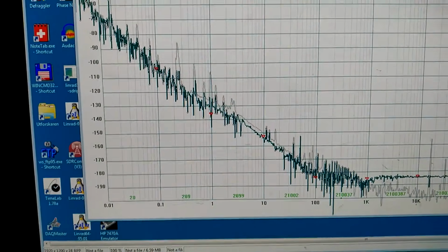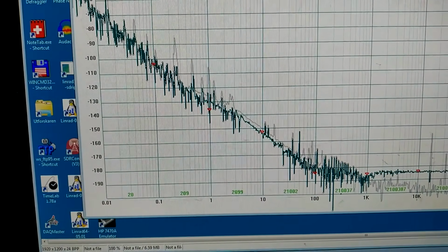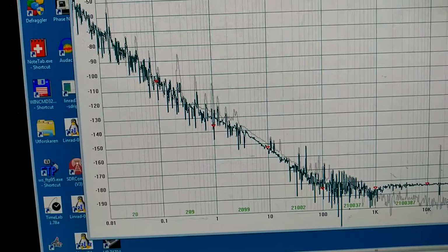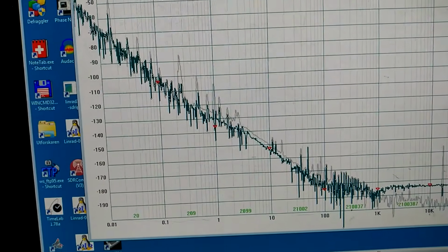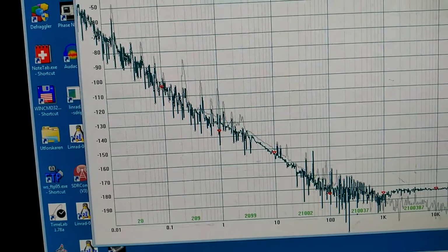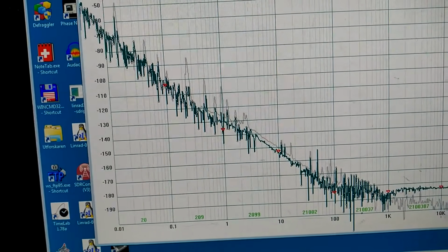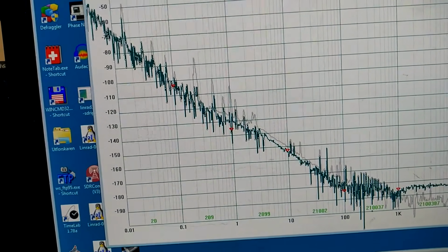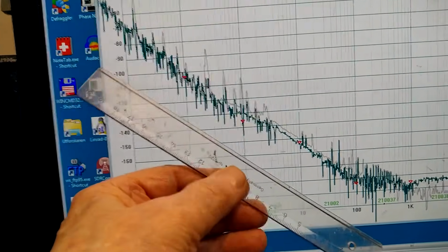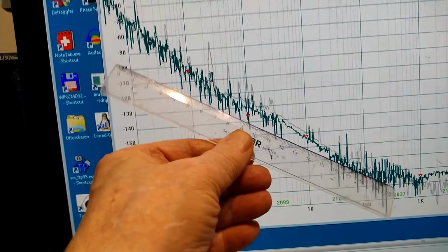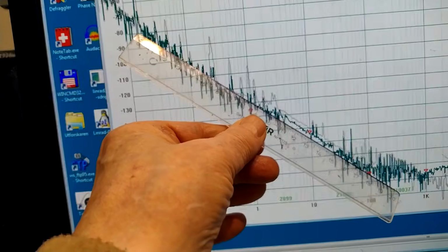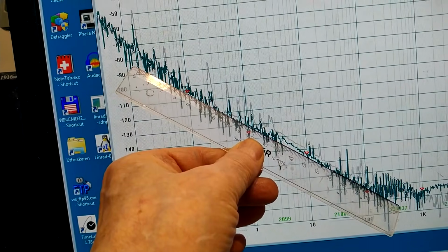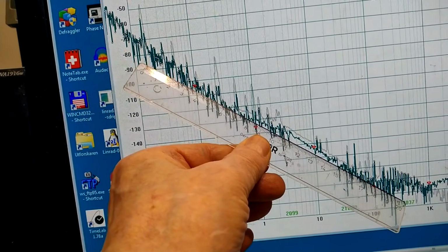Here is what I see after more than 30 hours. I'm feeding the Wenzel oscillator through the selective amplifier and analyzing with the Wenzel oscillator as the reference in one of the channels. What I see is a straight line, I think, like this, and that is the amplifier noise.